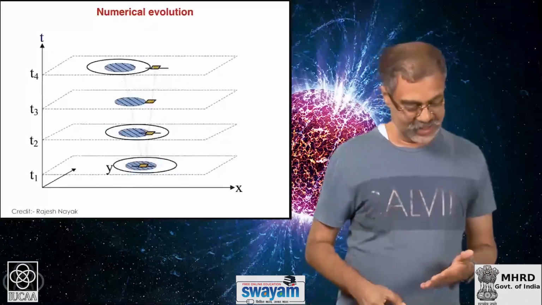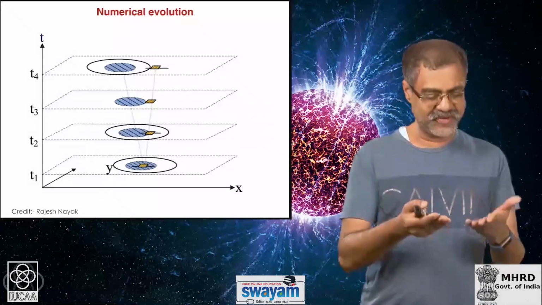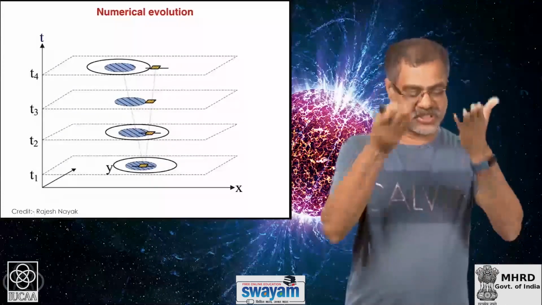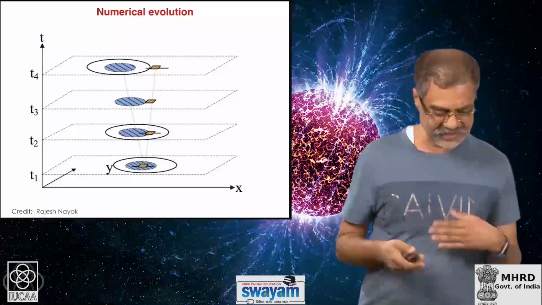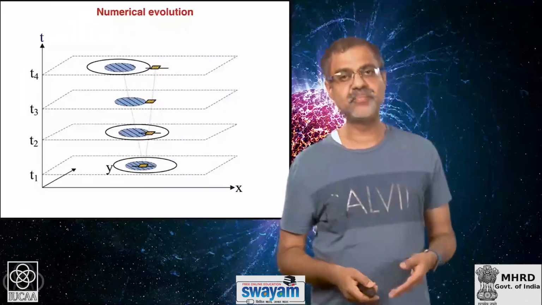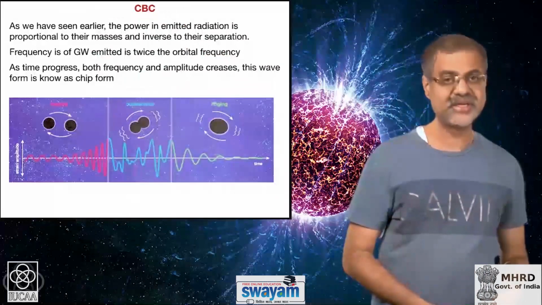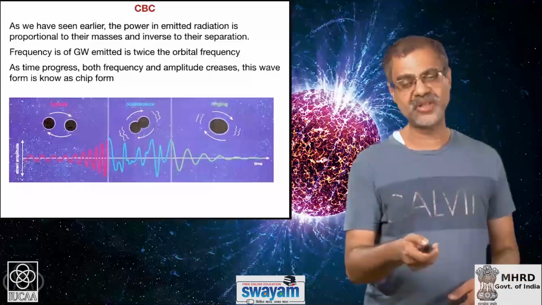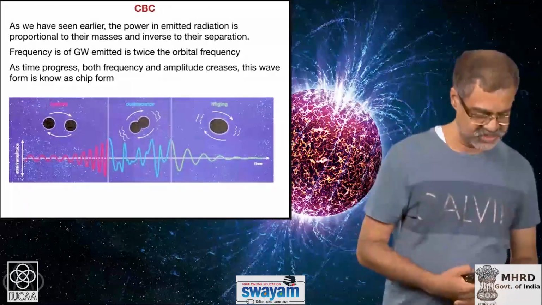The equations are complicated, but essentially when you evolve through all the time slices, you get the full evolution of the system, and then you can compute the entire waveform. And numerical relativity is essentially needed to solve Einstein's equation in this merging phase.